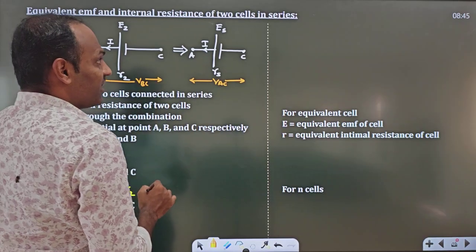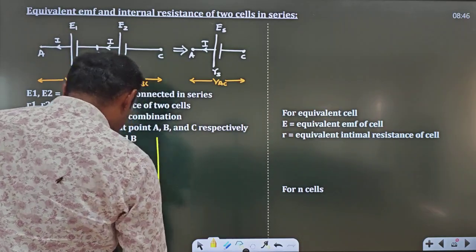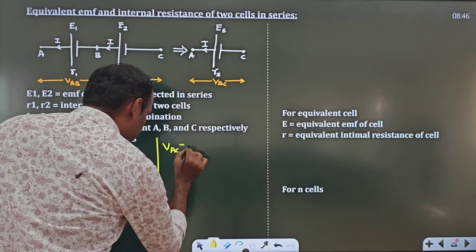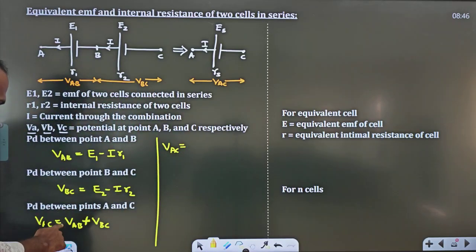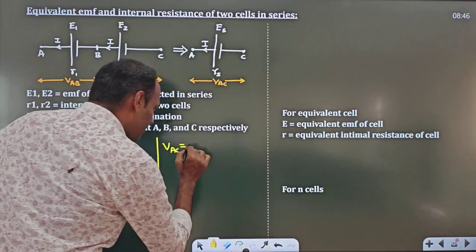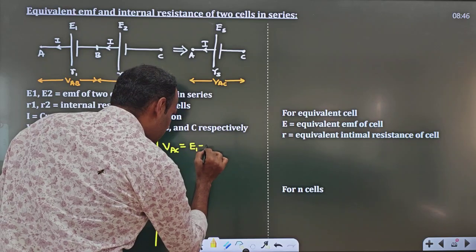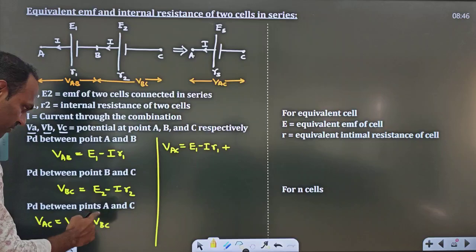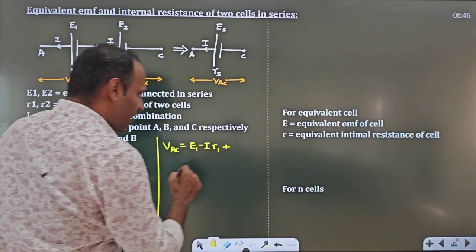Let me write it here. VAC is equal to VAB. What is the value of VAB? It is E1 minus IR1, plus VBC. What is the value of VBC? E2 minus IR2.